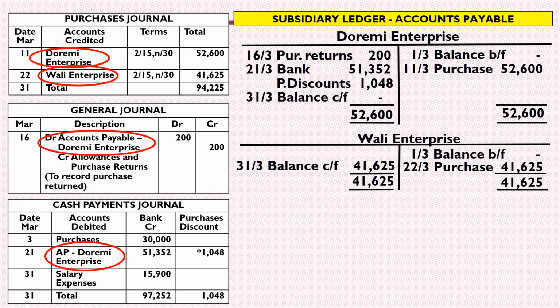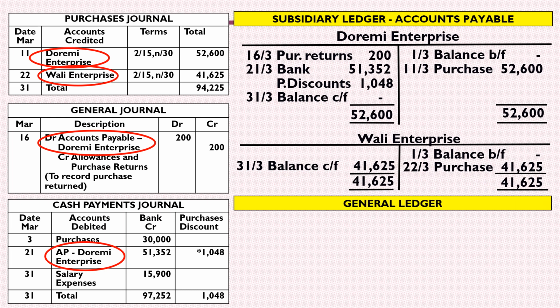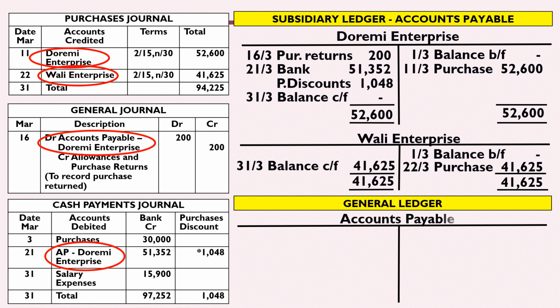And how about the control accounts in general ledger? The control accounts for this subsidiary ledger is accounts payable. So firstly, write down the balance brought forward on 1st March equals to 0.